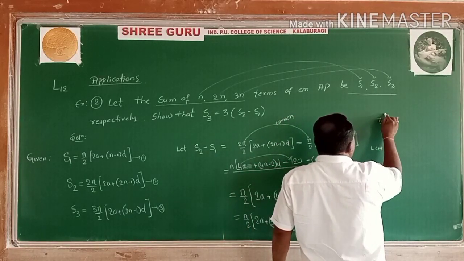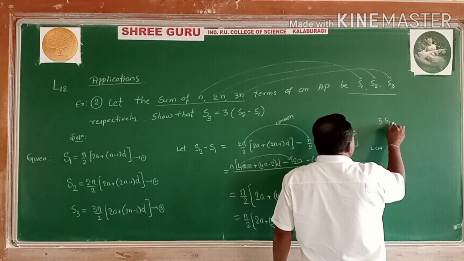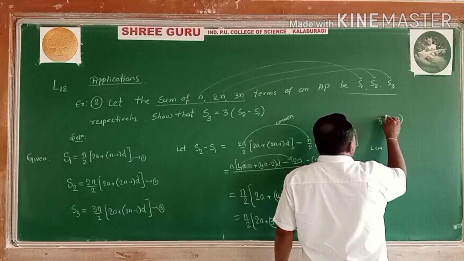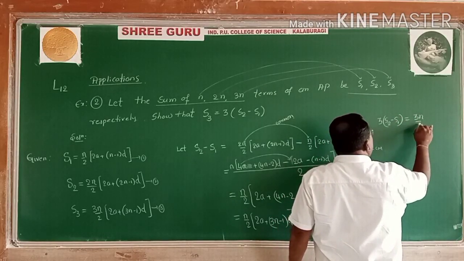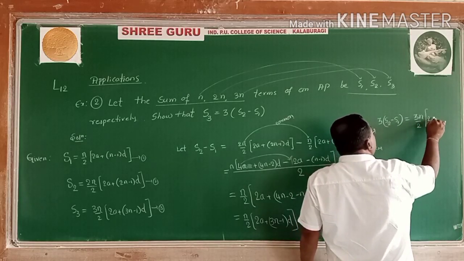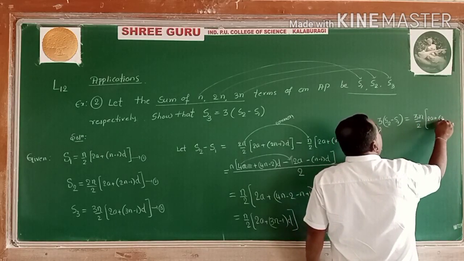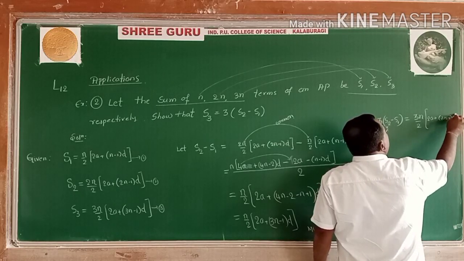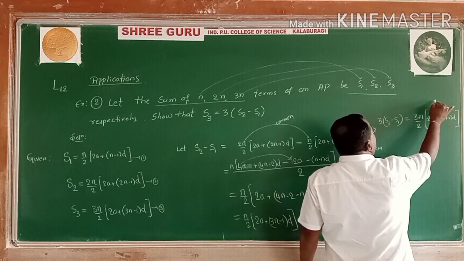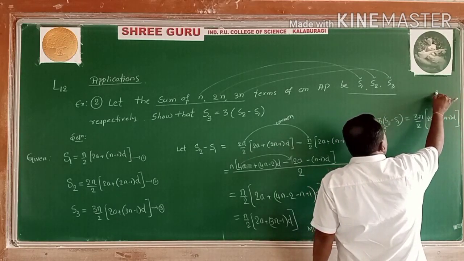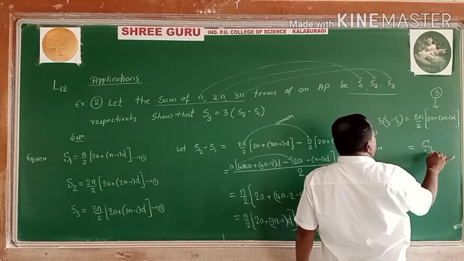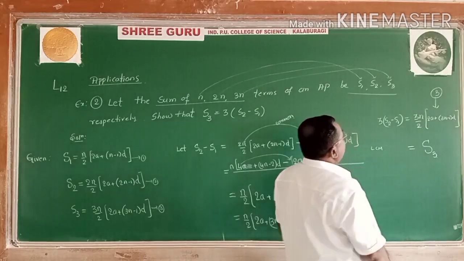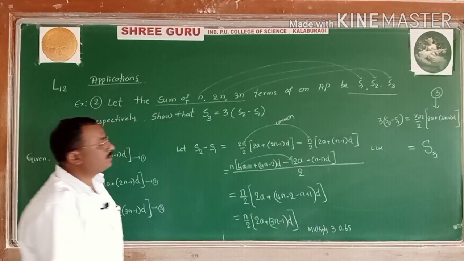3 times S2 minus S1 is equal to 3n by 2 into 2a plus 3n minus 1 into d. This is equation number 3, that is S3.